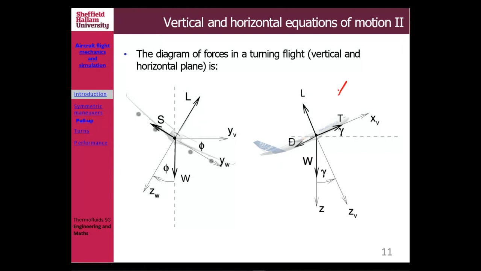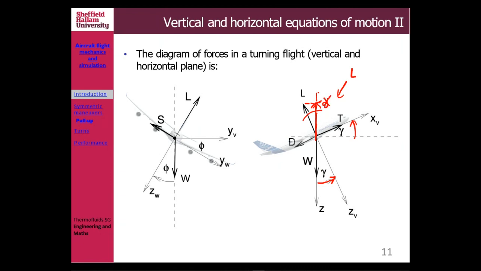I think you have seen this before. So lift equals weight, but of course, if you make a pull up like this, you have a flight path angle gamma there. So now the L, your lift, the component in there is L cos gamma.